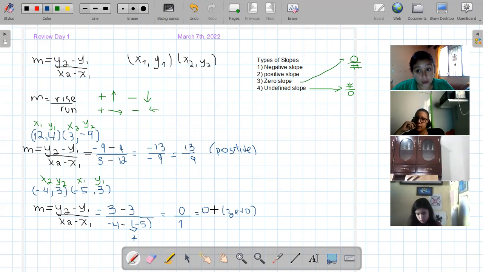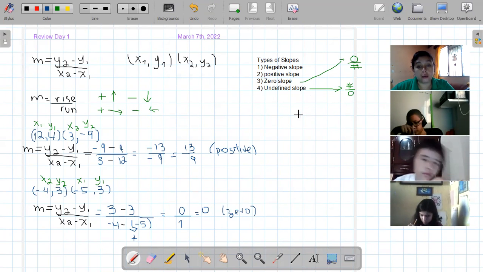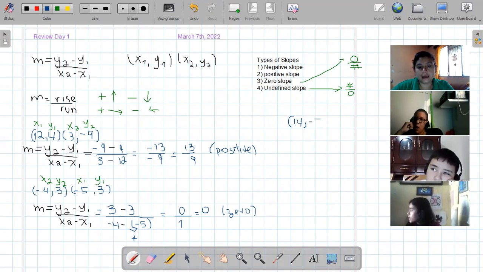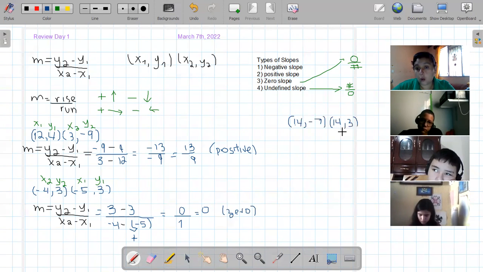And if you see that both values of the x coordinate are the same, then you're going to have an undefined slope. That's just a way of realizing how it is. However, you do need to show the procedure in your notebook or in your exam, okay? So for example, if I have (14, -7) and (14, 3), what type of slope am I having without doing any procedure?